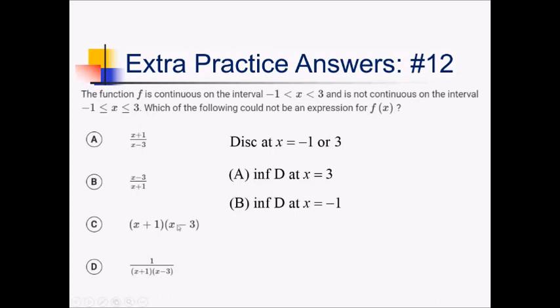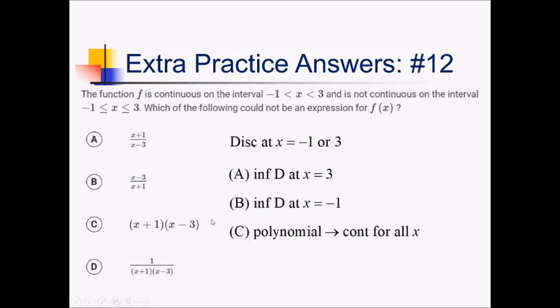Choice C is a polynomial, which is continuous everywhere, so there is no way that we can claim this is not continuous on the interval from -1 to 3, because it's continuous everywhere. So it's going to include x equals -1 and x equals 3 in that umbrella of continuity. Continuity everywhere means it's probably going to be choice C that we're looking for.